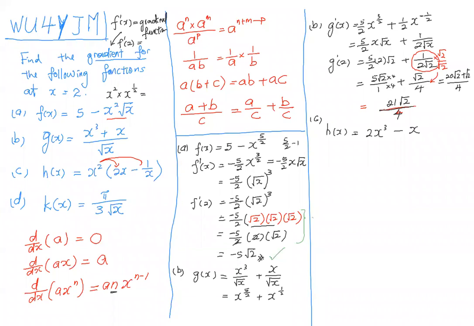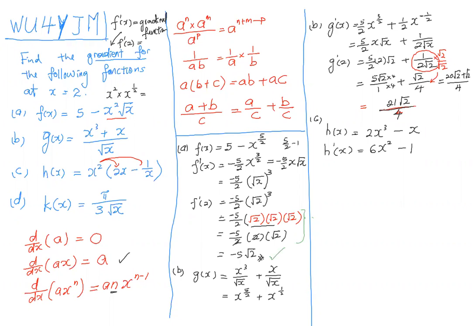Okay. So Cindy, can you tell me what is the slope function for h? 6x, and then x to the power 3 minus 1, and then 3 minus 1 is what? Straight away two, write down. 2. Good. Minus 1.